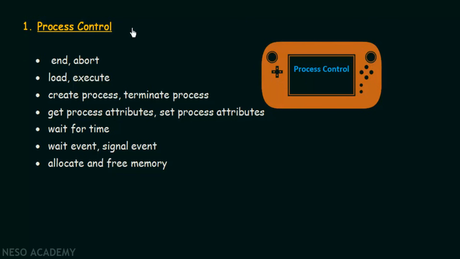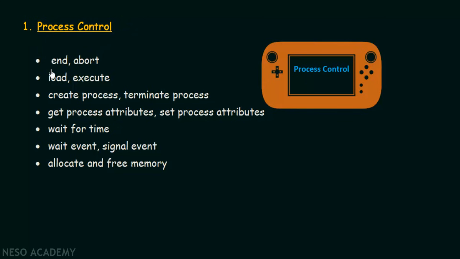Normally means the process comes to a halt when it completes its execution. Otherwise, errors might occur, and if an error occurs in the execution of a process, then that process has to be halted or aborted. That is what we mean by halting abnormally. The system calls used for controlling processes fall under this category of process control system calls.